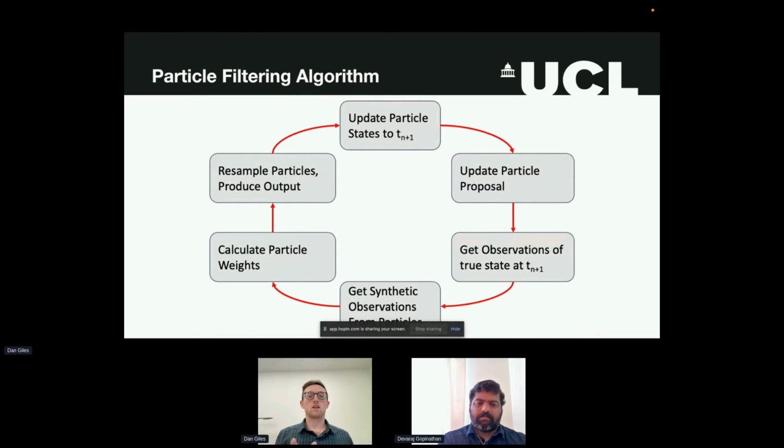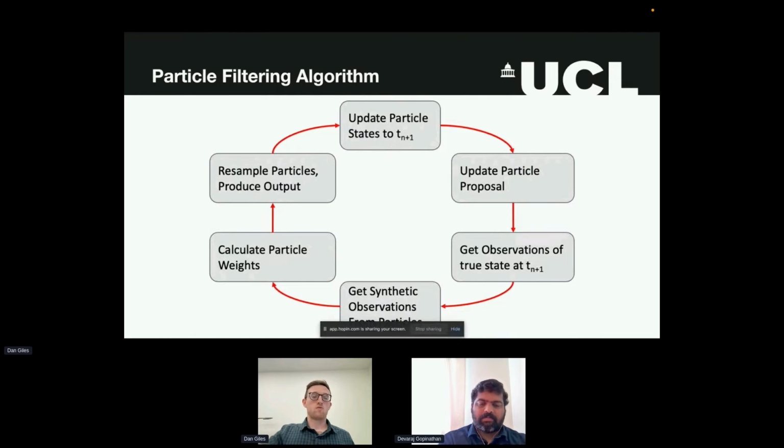You then can calculate some particle weights. The weights denote how close certain particles are to the true state, so good particles will have higher weights and bad particles will have lower weights. Then there's a resampling step, which is a very important step within this particle filtering algorithm.